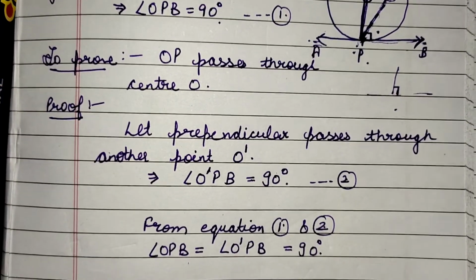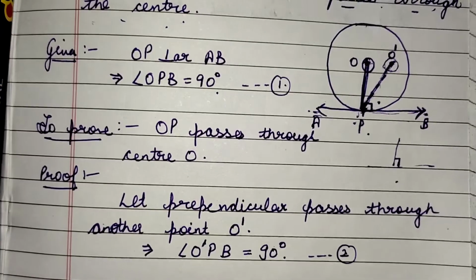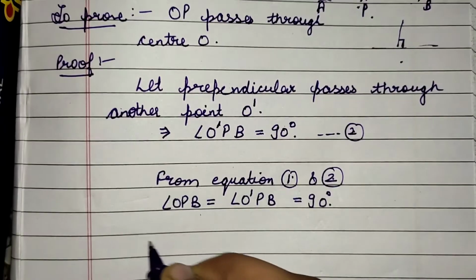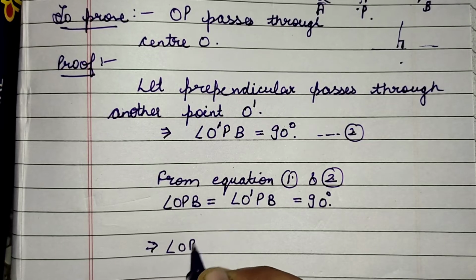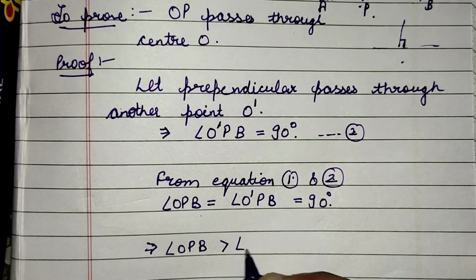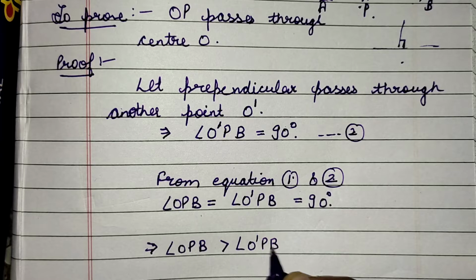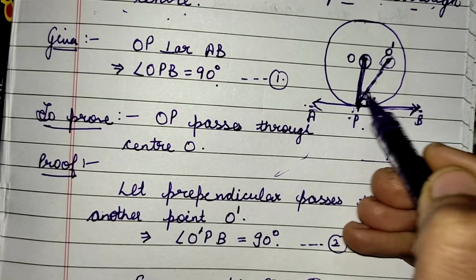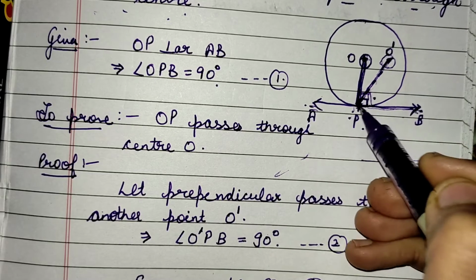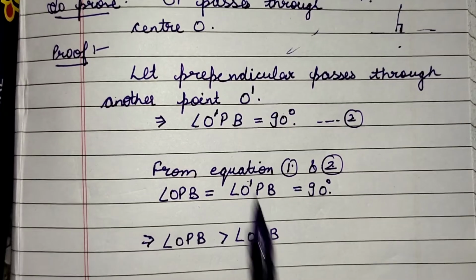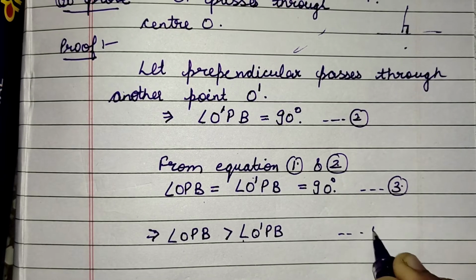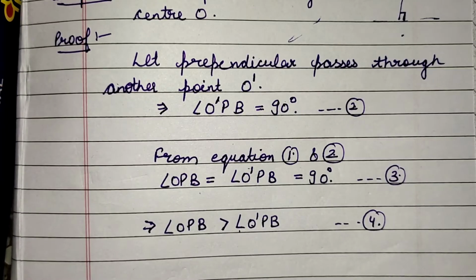But from the figure you can see very clearly that angle OPB is greater than angle O dash PB. This complete angle OPB is greater than angle O dash PB. So both the results, this third result and this fourth result, are contradicting each other, right?